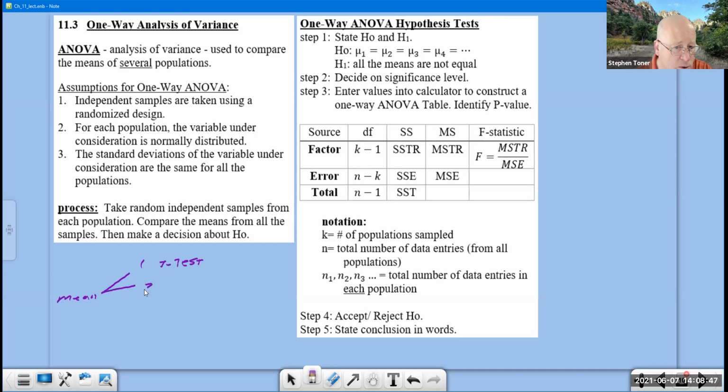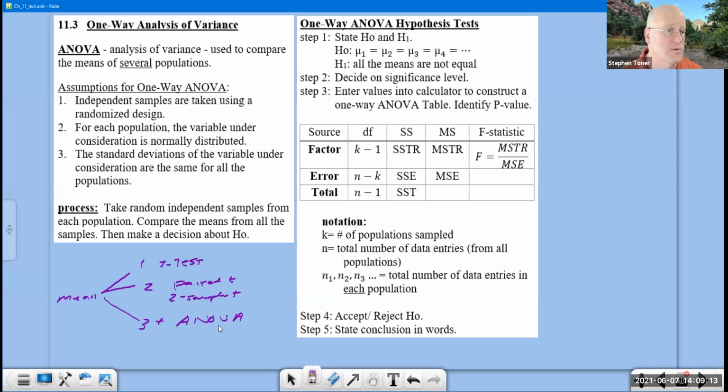If you have two means, you're either dealing with a paired t or you're dealing with a two-sample t. Now I'm telling you, if you have 3 or more means, that's where the ANOVA test comes in. So I wanted to relate this to something you already understand.